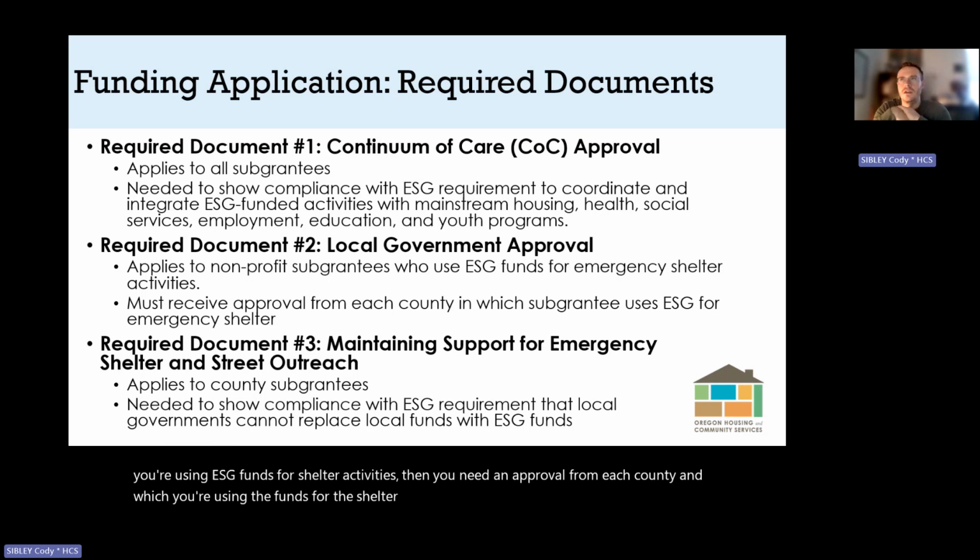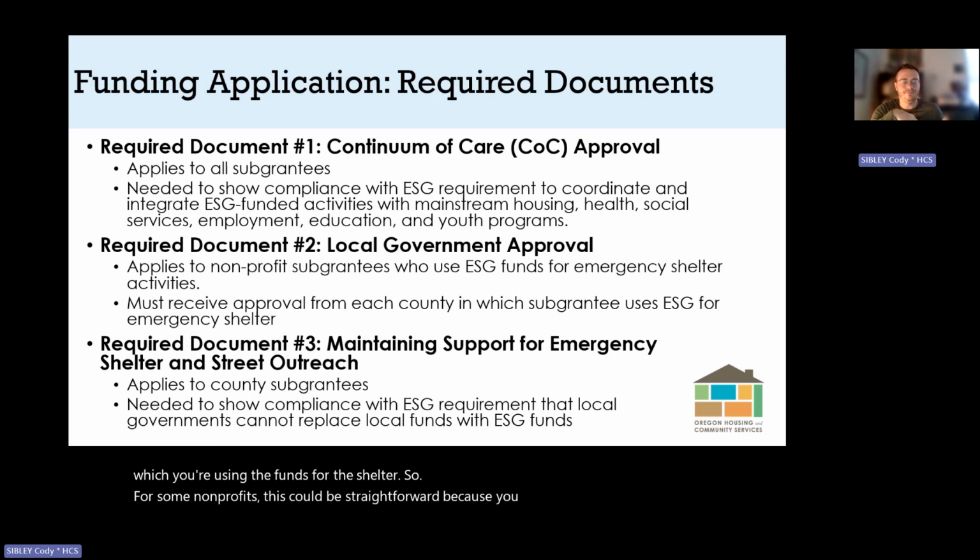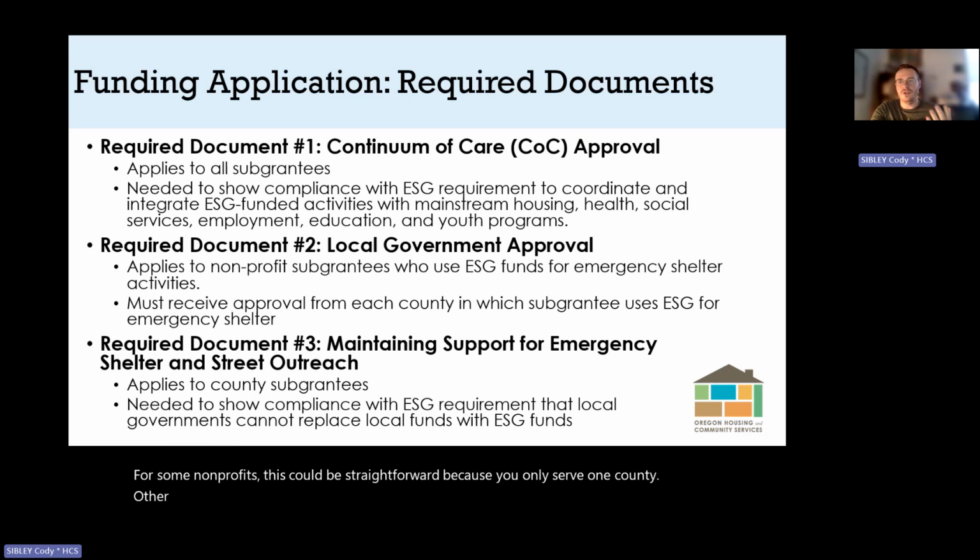So for some nonprofits, this could be straightforward because you only serve one county. Other nonprofits, if you're spanning 3 or 4 counties, you need approval from each of those counties in which you're providing shelter services. Well, not just services, but anything to do with emergency shelter.